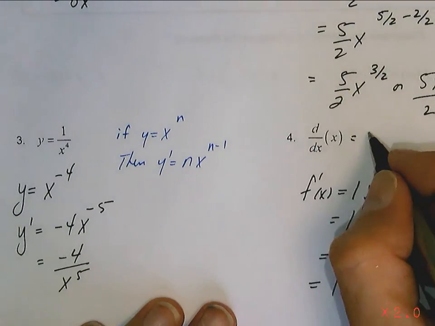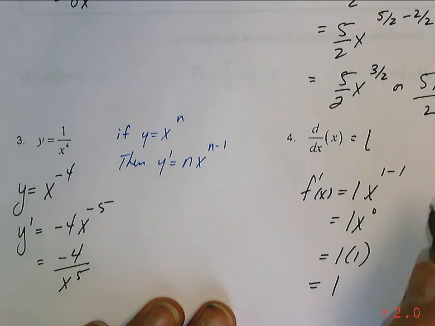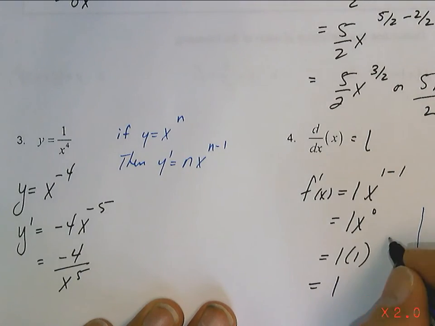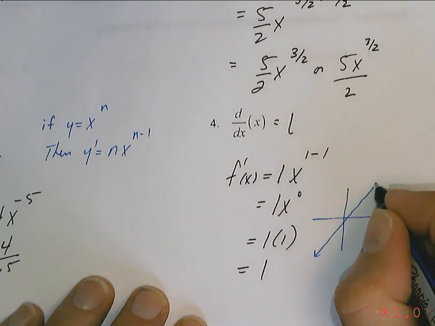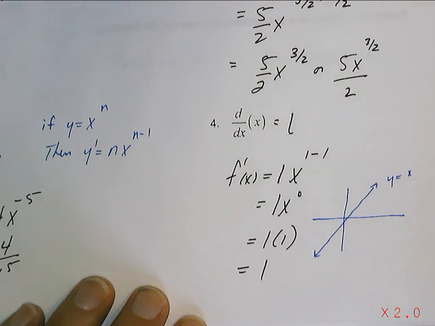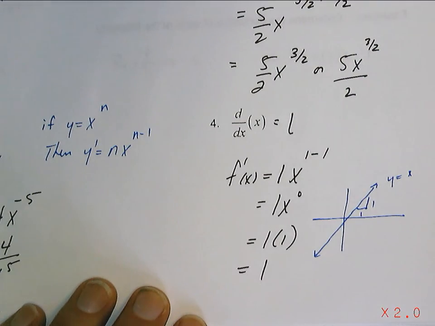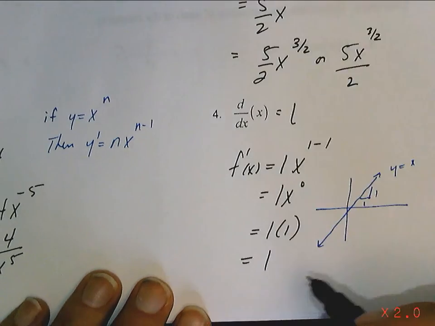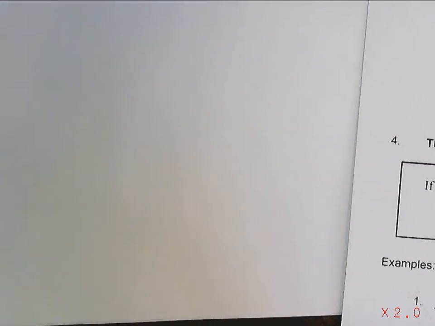I'm just going to say equals 1. If you want to know what's going on here, y equals x is that line. Over 1, up 1. It has a slope of 1. So it all kind of makes sense. It's all kind of fitting in for us. Okay, that's it. I'm going to stop you here, and I'll come back and finish off.